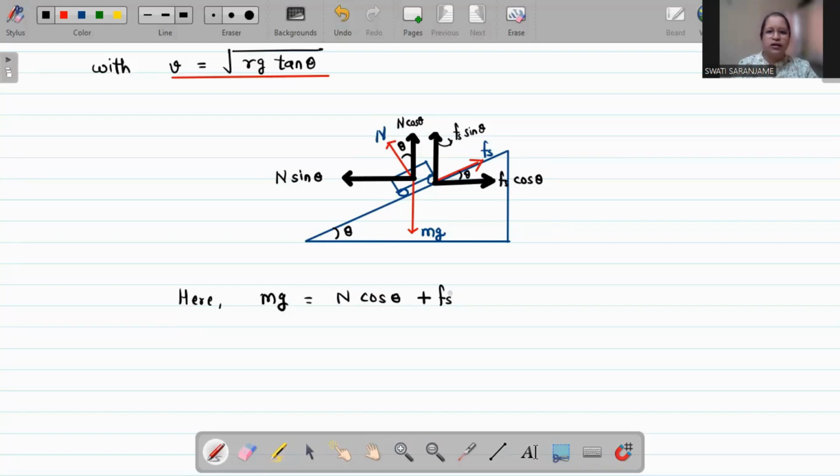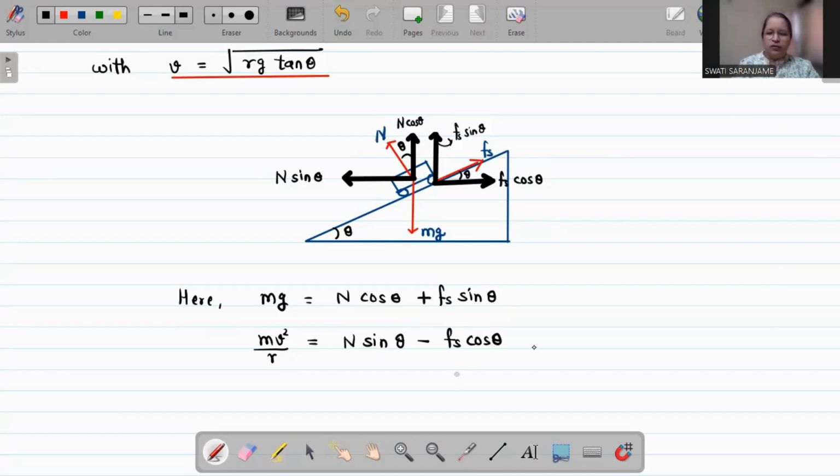And here mv square by r is the necessary centripetal force for taking a turn on that inclined banked road. It is balanced by these two forces, n sine theta and fs cos theta, but as they are oppositely directed, we put a minus sign: mv square by r equals n sine theta minus fs cos theta.